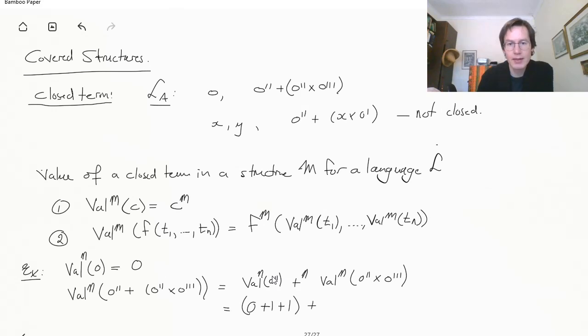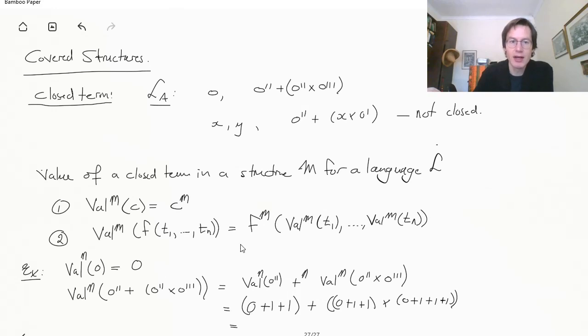And this is just the plus in the natural numbers that I'm writing now, not the symbol. And here I would get 0 plus 1 plus 1 times 0 plus 1 plus 1 plus 1. So what I've done is this inductive unpacking of this value over here and this value here in one step.